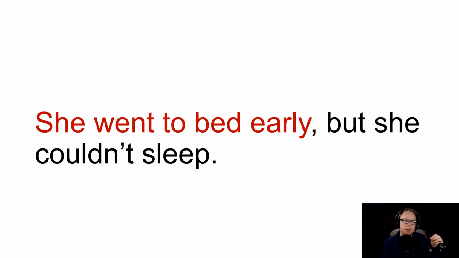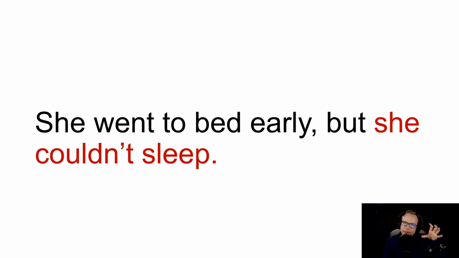So we use the comma so that the reader can understand these are two separate things, but it's connected correctly with the conjunction but. So we're avoiding a run-on sentence and a comma splice. Our subject is she. Our verb is went, and we complete the thought by saying to bed early. Then we have the next independent clause, she couldn't sleep.